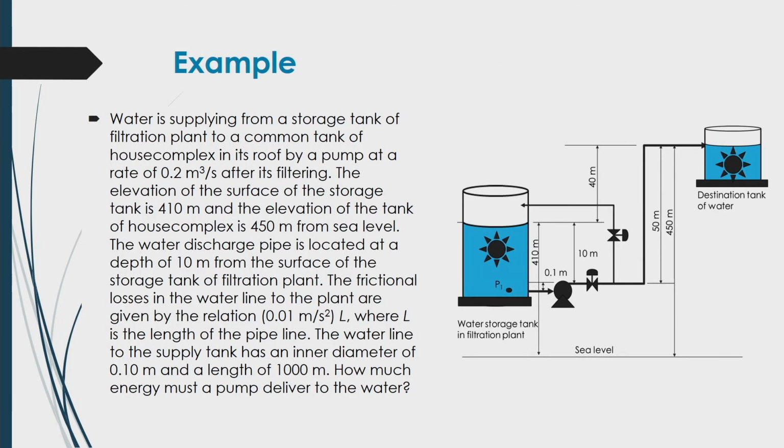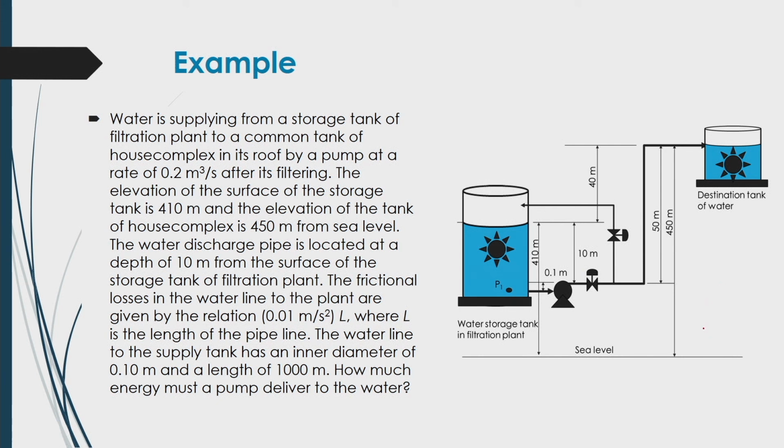Suppose water is supplied from a storage tank of a filtering plant to a common tank of a house complex on its roof by a pump at a rate of 0.2 meter cube per second after filtering. The elevation of the surface of the storage tank is 410 meter. The elevation of the tank of the house complex is 450 meter from sea level.